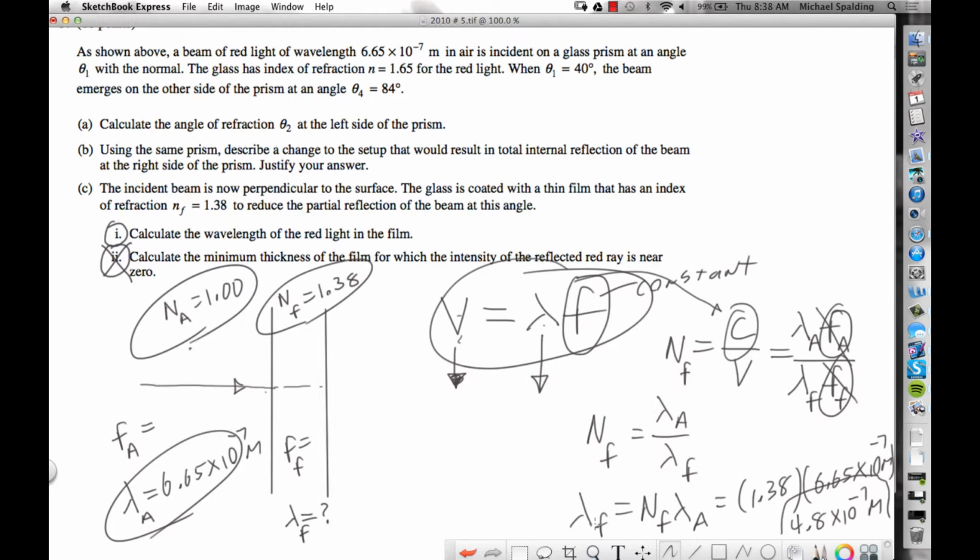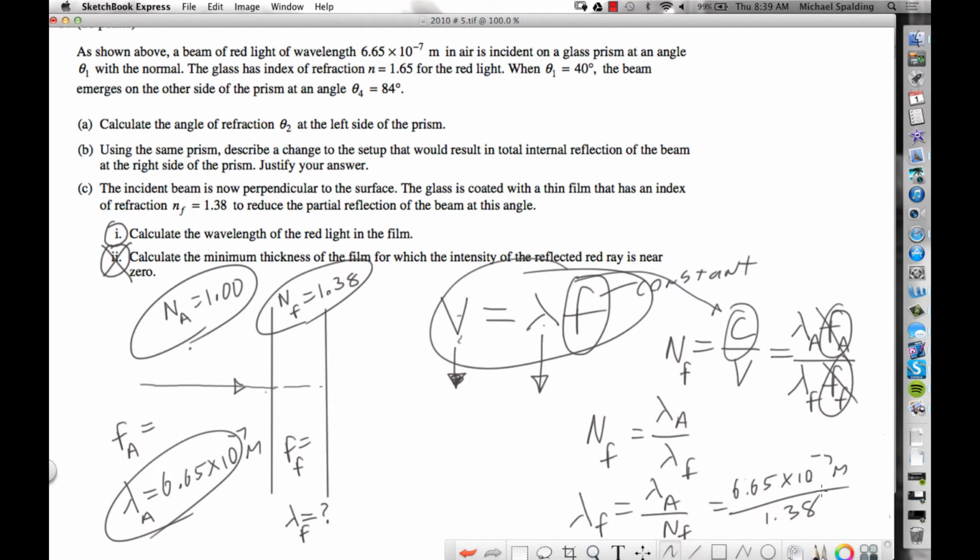Hold on. Oh, yeah, thank you. Let's do that again. Oops. Okay, take 2. This is going to be wavelength in air over the index of refraction, so 6.65 times 10 to the negative 7 meters over 1.38.